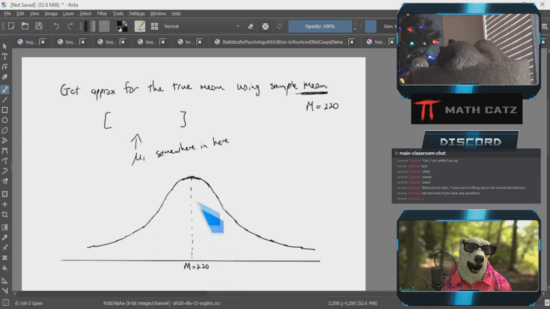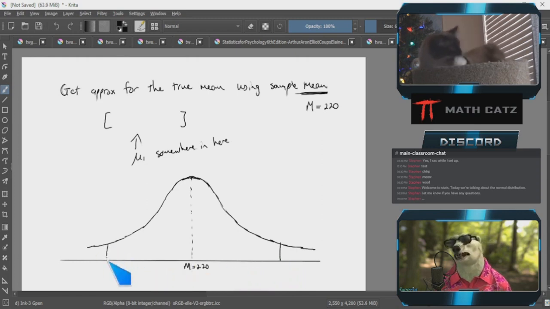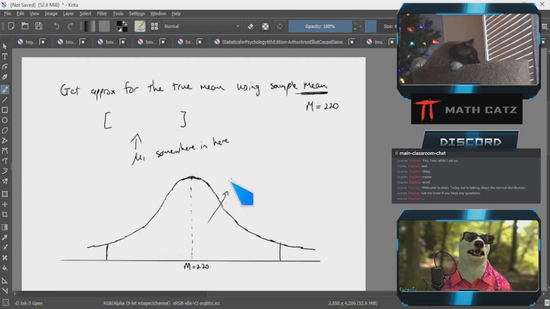Well, if it's a normal distribution, we can say, let's at least be 95%. Let's catch 95% of the possible means around this estimate.